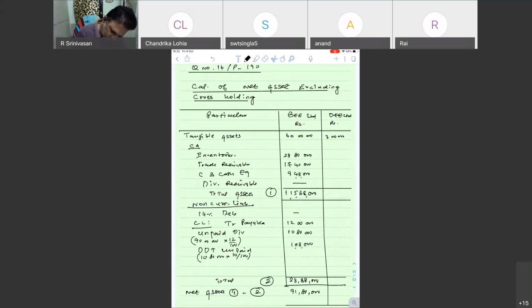So this one is 30 lakhs. Inventories are 3 lakhs. And deposits are 3 lakhs.